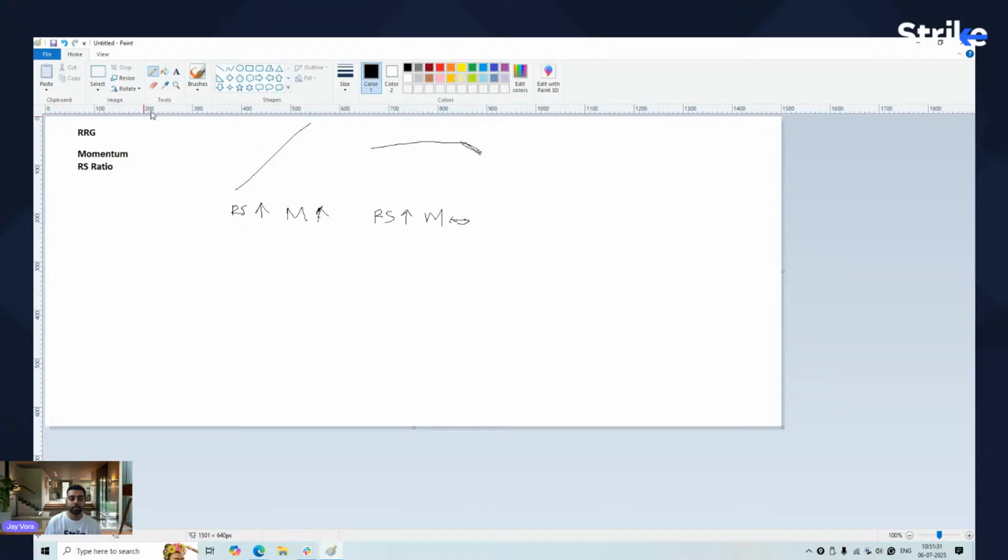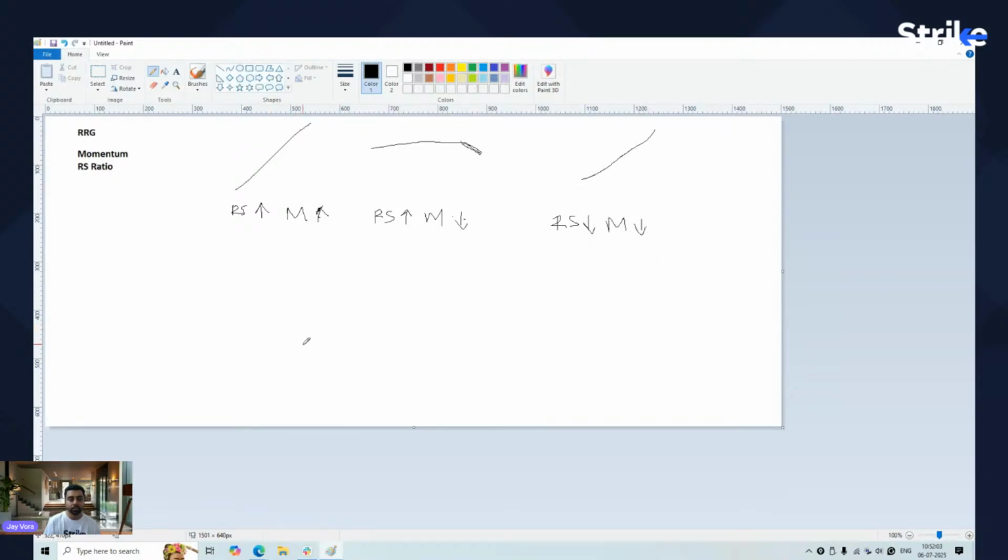So over here, it would mean that the momentum is going down, right? Now, there is one more thing, which is, okay, here RS is also falling, right? And momentum is also falling, right?